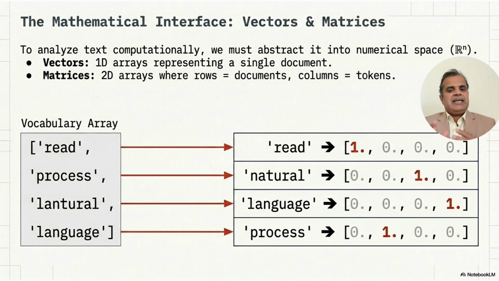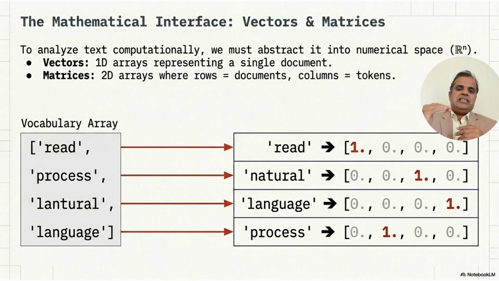So this is where text meets math. Since computers only understand numbers, we abstract text into an n-dimensional numerical space. A vector is basically a 1D array representing a single document. Each axis in that space corresponds to a unique token from our vocabulary.